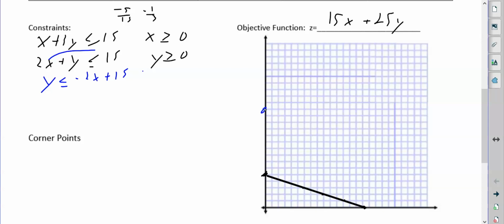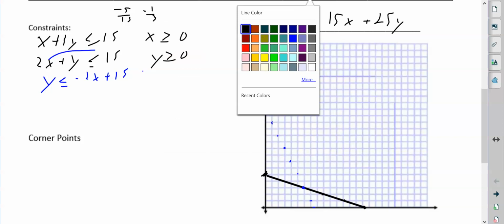Now we're just going to go down 2, right 1, down 2, right 1, and keep doing this. And looky there, there's an intersection. And now the fact that this ends up at 7.5 here doesn't really matter. So sometimes cover method does not work, and that's okay.